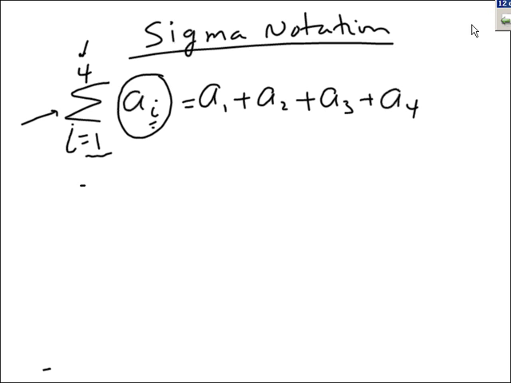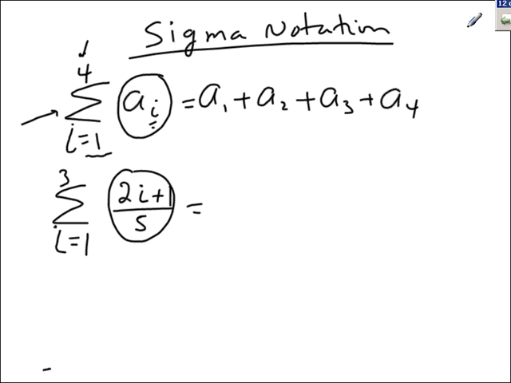If you were asked to solve the summation as i goes from 1 to 3 of (2i plus 1) over 5. So first i is 1. I write down what this is when i is 1. It's (2 times 1 plus 1) over 5, plus.